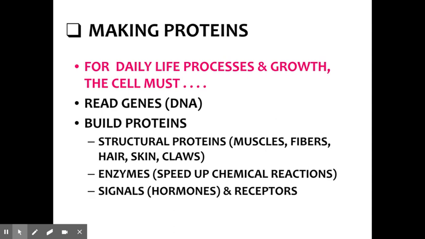Steroids are lipid-based hormones, which means they can slide right between the phospholipids and go right into the nucleus and switch on genes. Some signals are protein-based, like insulin, and so they need to bind to a protein receptor on the cell membrane. So you've got a protein signal binding to a protein receptor. It's all about proteins.